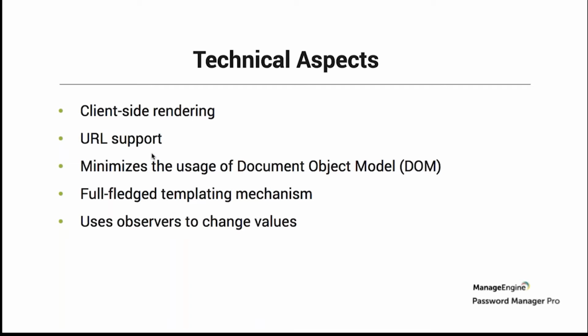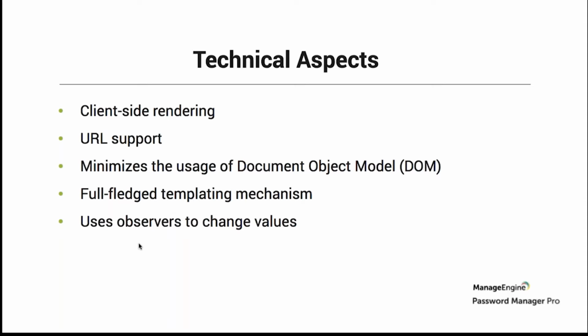The next one, URL support. Every tab or action can be created as a friendly URL, which makes the page load very fast. Minimizes the usage of DOM. The new framework minimizes the document object model, so usage of heavy data will be minimized.